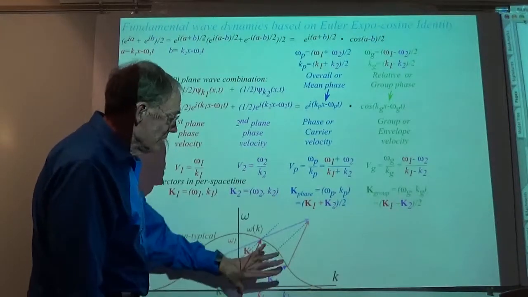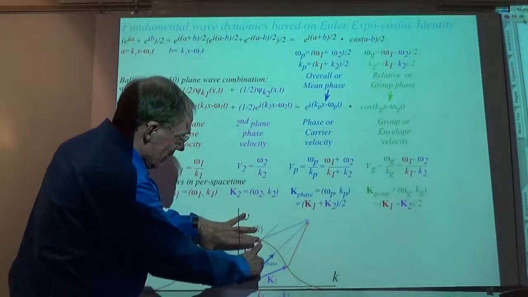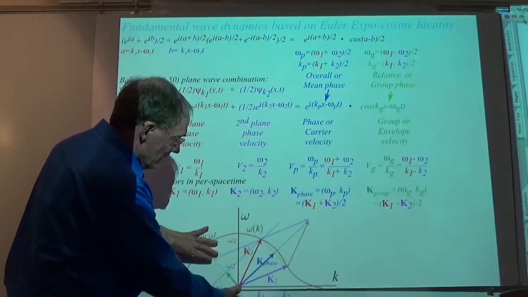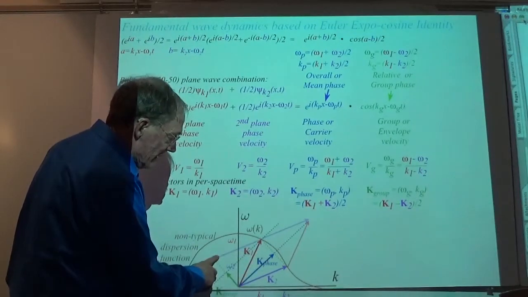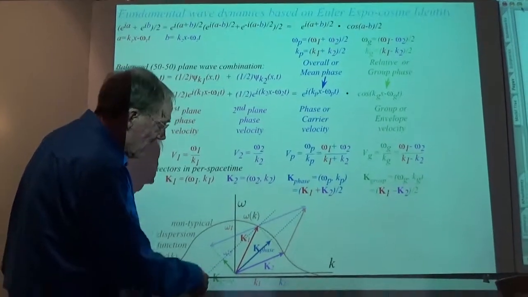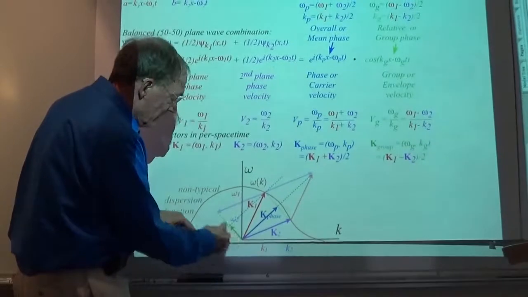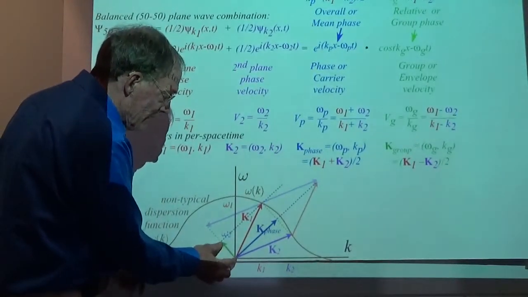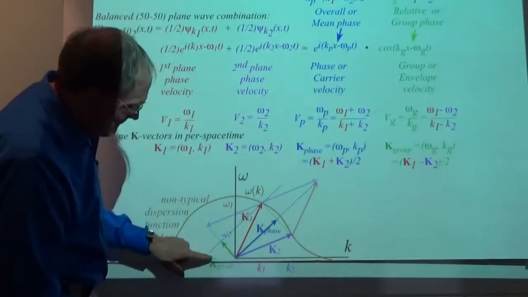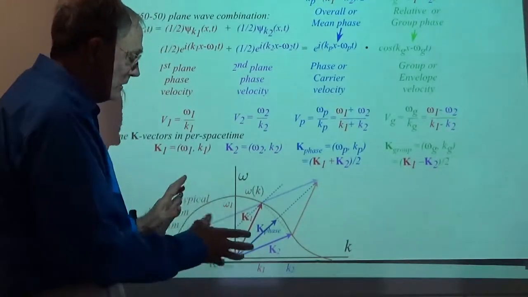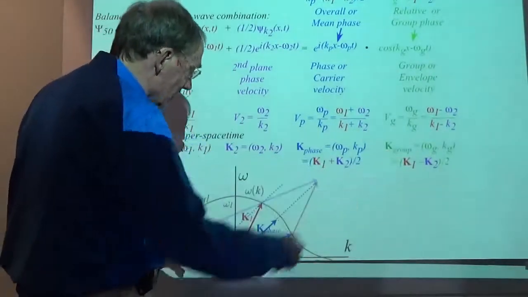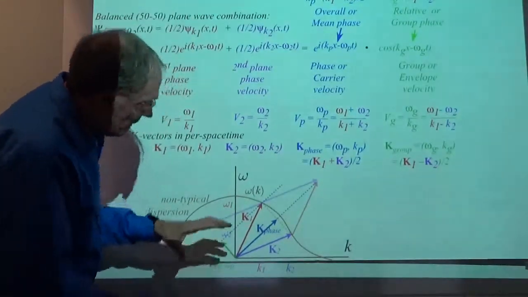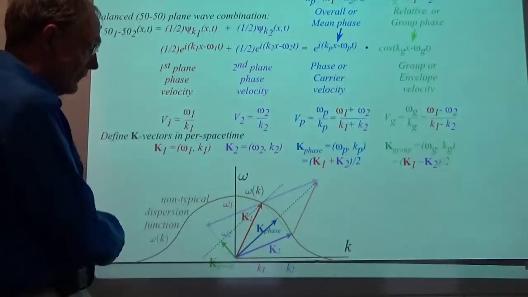I need to take this thing minus, add it to k1. Okay, and then that'd be down here. I want half of that, okay? It would be right here, and that's half of it right there, okay? So those are the two vectors that define what's going on. This one's going to have the guts going along at some speed. This thing's going to have the outside of the thing going backwards.